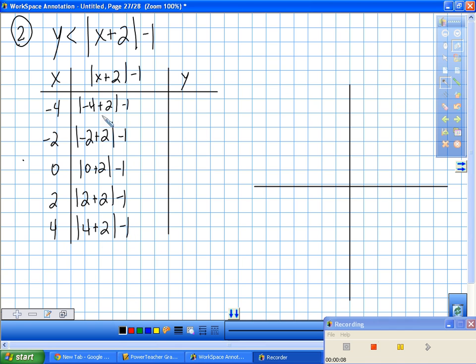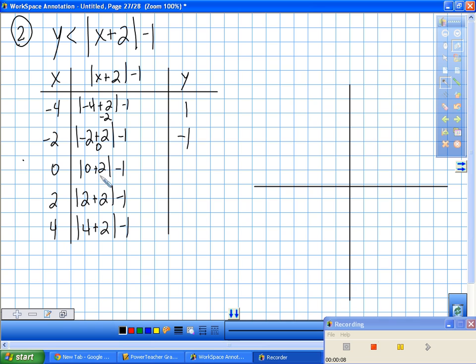So we simplify our absolute value. This is going to be the absolute value of negative 2, which is 2 minus 1. 2 minus 1 is 1. Here we're going to have 0. 0 minus 1. We get negative 1.